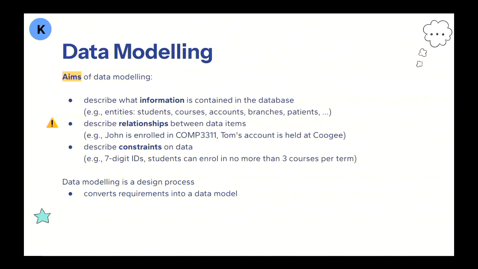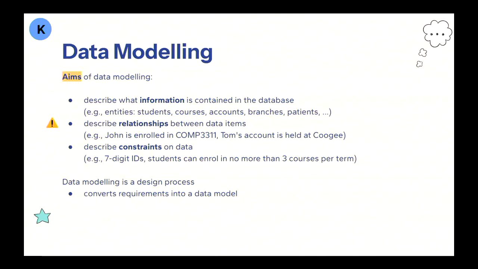And the last thing here is we need to describe the constraints of the data and also the relationships. Remember the difference between Excel and a database system. Excel doesn't provide formal constraints on the data it accepts. So the key here is for data modeling, we also need to describe the constraints.